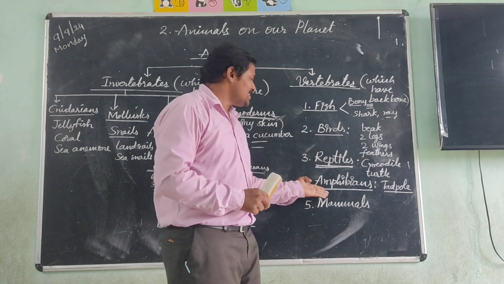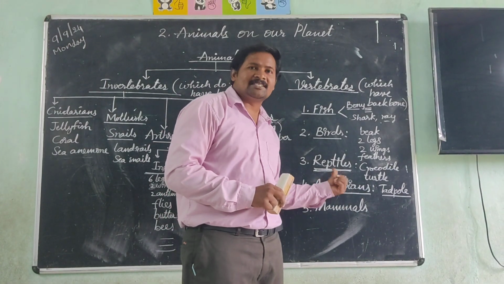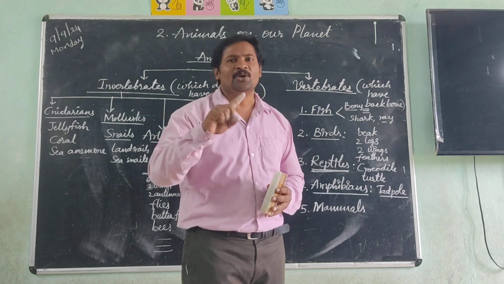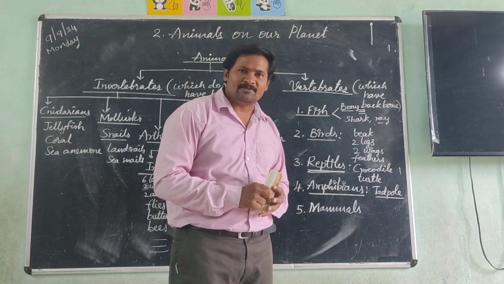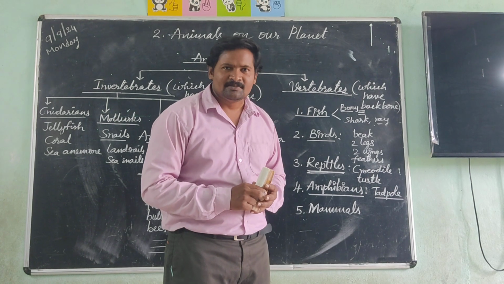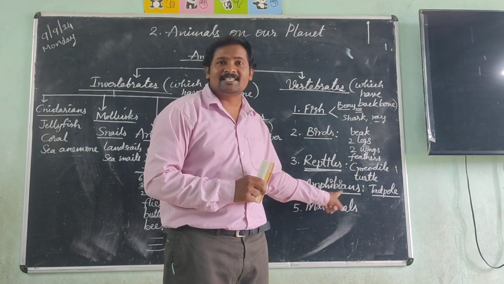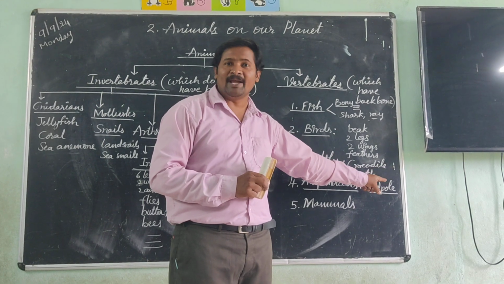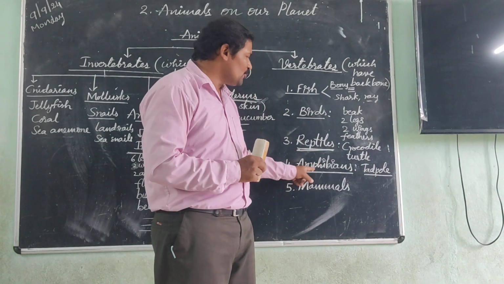Okay? Then let us see once again the features of amphibians. Do amphibians have feathers? No. Moist skin. Then do amphibians have lungs? Yes. Adult frogs have lungs, but tadpoles, the young babies of frogs, have no lung system. And how are they moving?